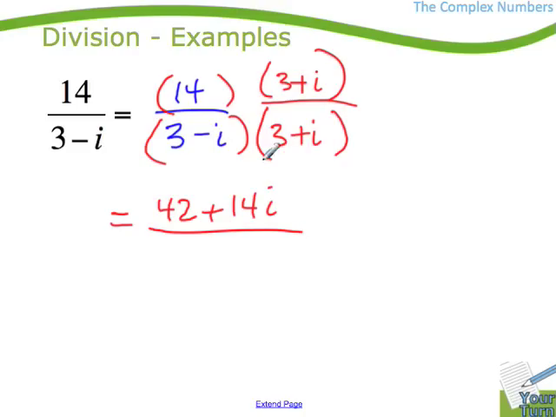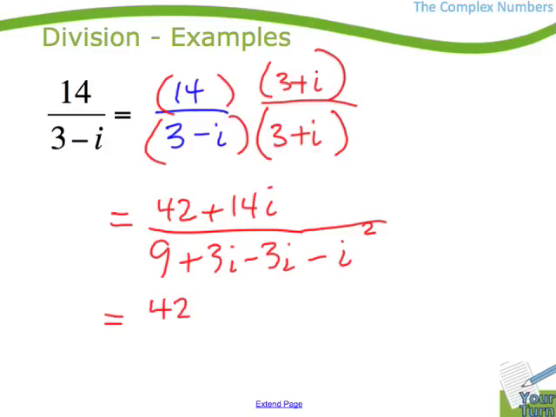And on the bottom, I'm going to have to FOIL. 3 times 3 is 9. 3 times I would be a plus 3I. Minus I times 3 is a minus 3I. See what's going to happen there? Minus I times I is a minus I squared. Bit of simplifying, can't do a whole lot on the top there. I'll just leave it as 42 plus 14I.